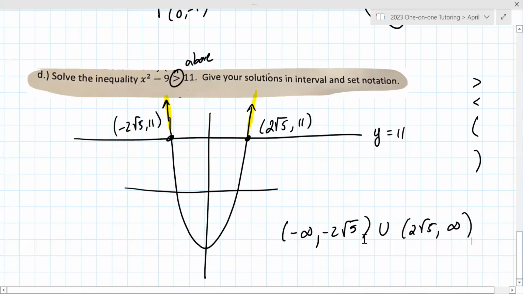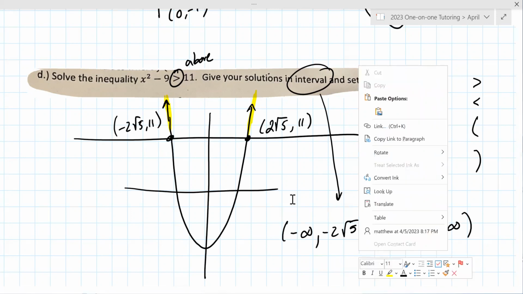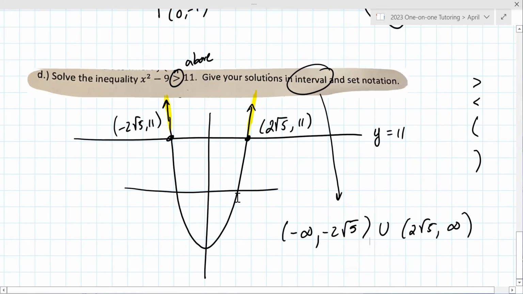That's how you write it out. It's saying all the numbers left of minus 2 square root of 5, all the numbers right at 2 square root of 5. This is not the best way to show you interval notation, but it's what your teacher has provided.